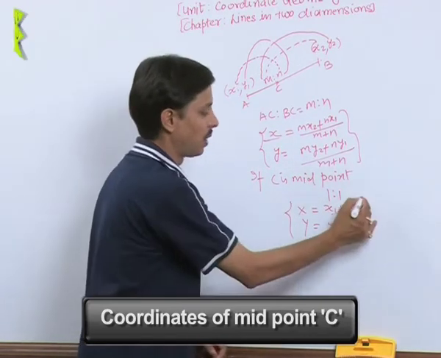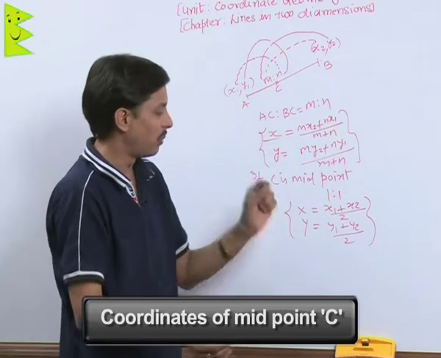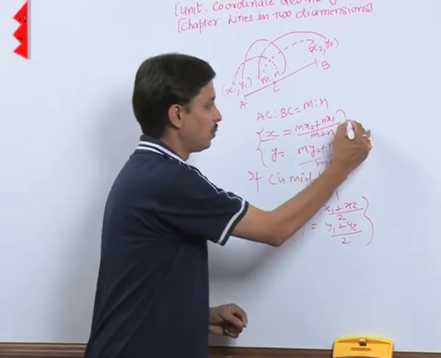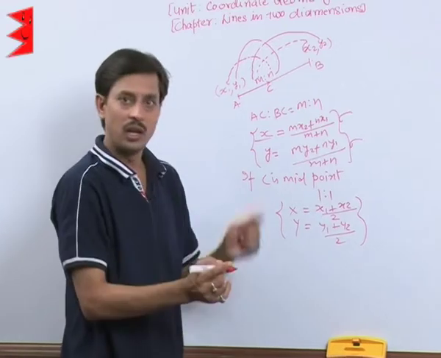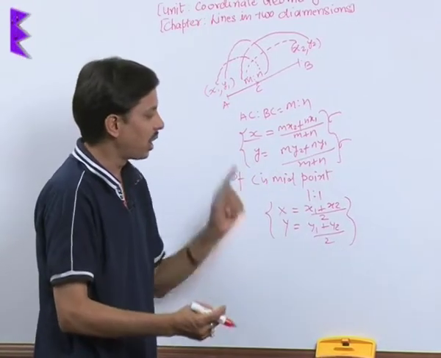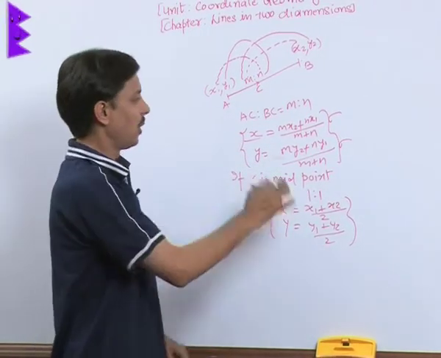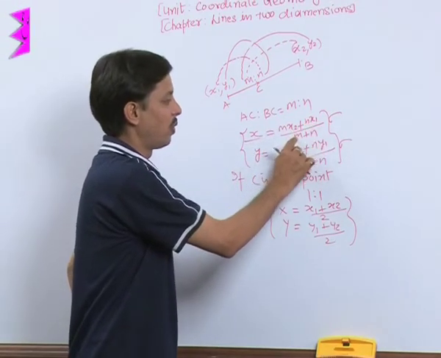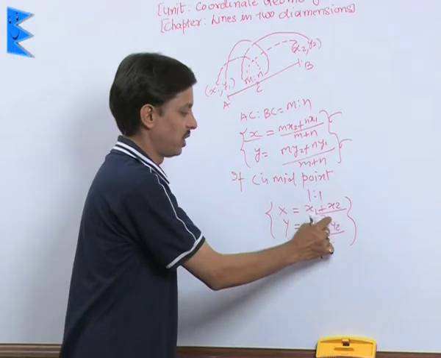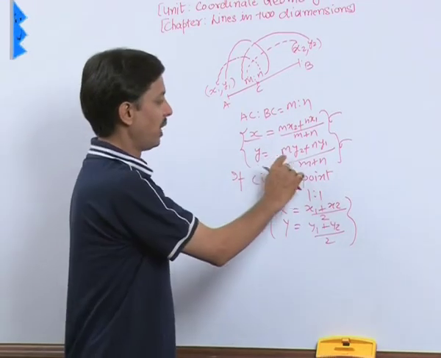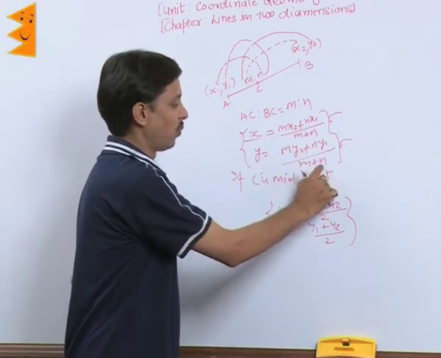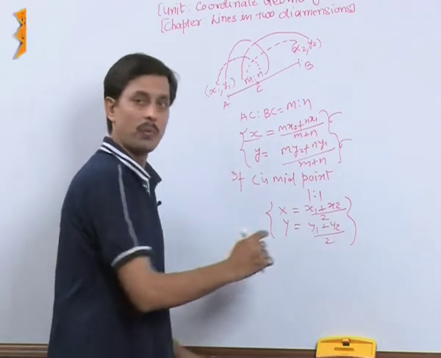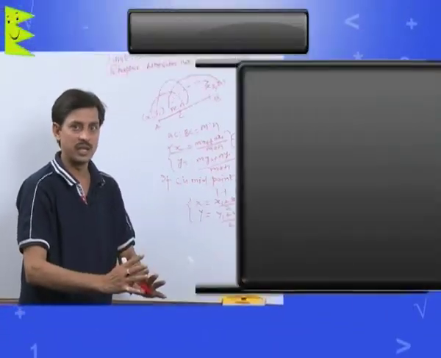This is the formula for finding the coordinates of the midpoint, because in place of m and n, you can put 1 and 1. If I put 1 into x2 plus 1 into x1 upon 1 plus 1, that is x1 plus x2 upon 2. 1 into y2 plus 1 into y1 upon 1 plus 1, that is y1 plus y2 upon 2.